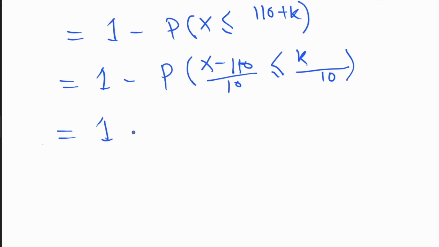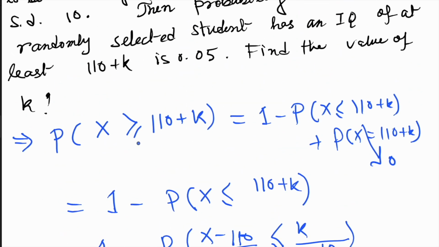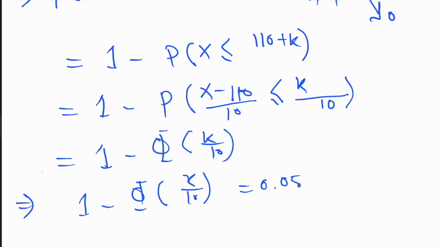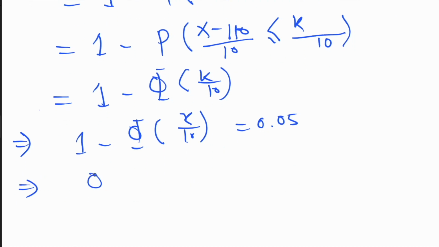So this is 1 minus the cumulative distribution function of the standard normal distribution at k by 10. Now it has been said that 1 minus phi of k by 10 is 0.05. So this means phi of k by 10 is 0.95.